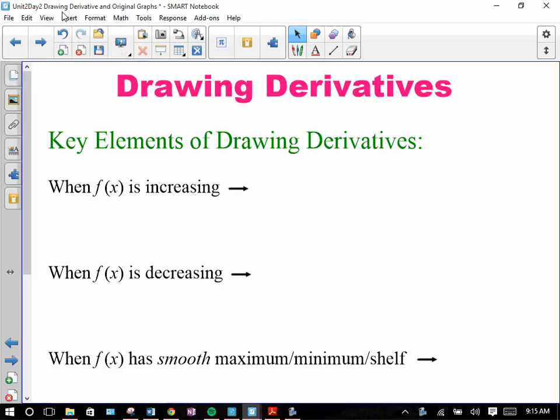So what we were talking about Monday was that we were trying to sketch these graphs to the best of our ability by looking at the slopes of the function. We're trying to graph the first derivative.